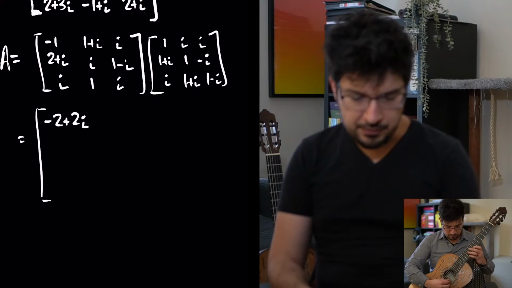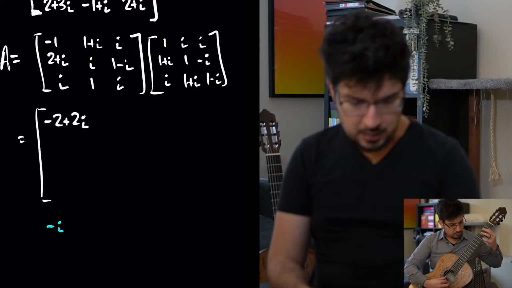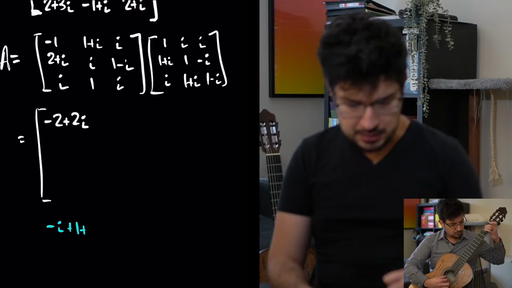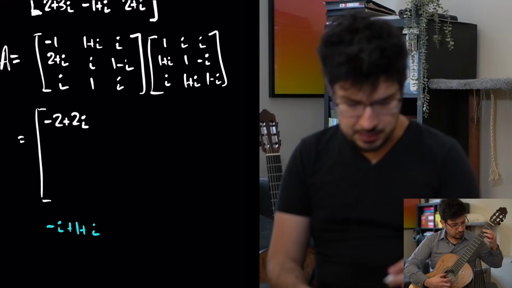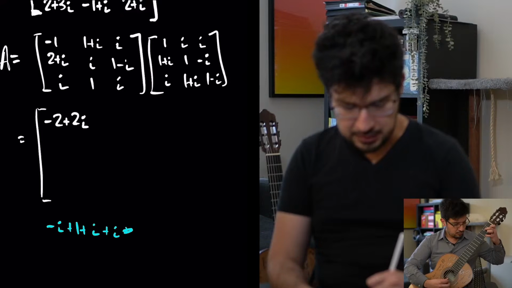Then we have negative i plus 1 plus i plus 1 plus i plus i squared.